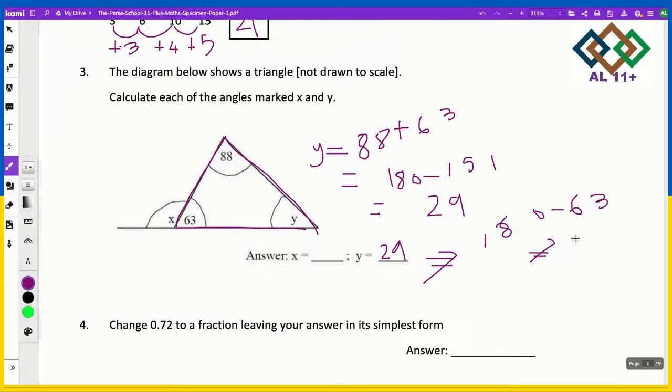That gives you your answer as 117. So with this, we found out what both the angles are.